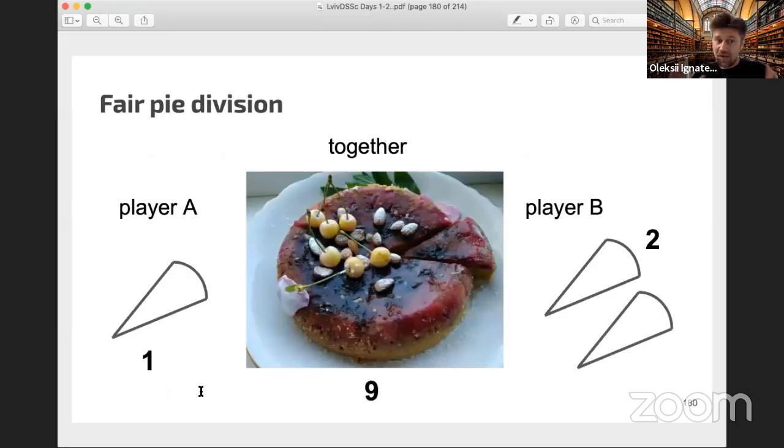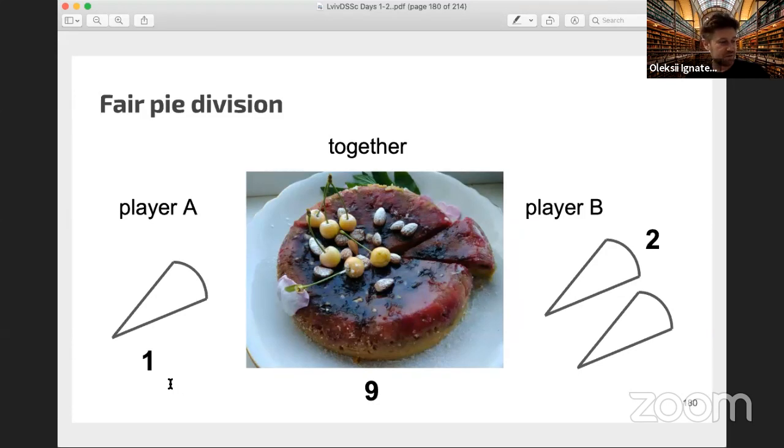Okay, so now I want to tell you about another concept of cooperative game, which I think can be useful for you also. And this is a fair pie division. Pie is actually a term from game theory. So suppose that we have two players, A and B, and player A can alone make one piece.